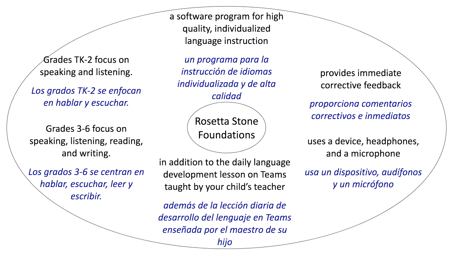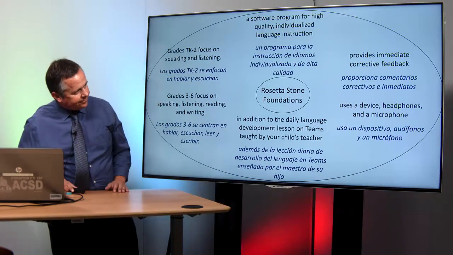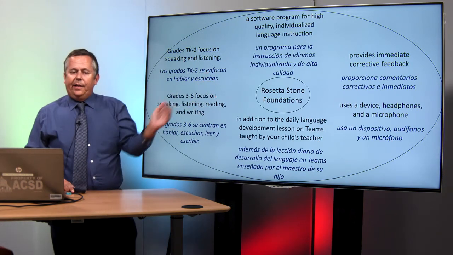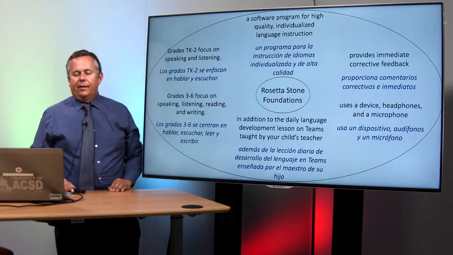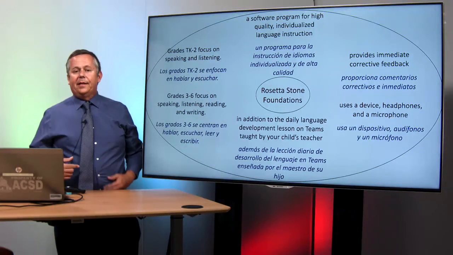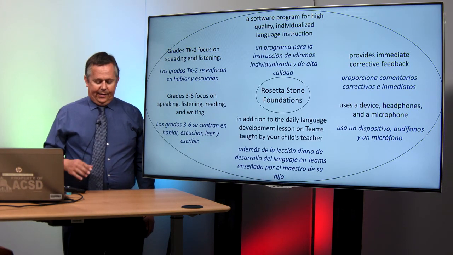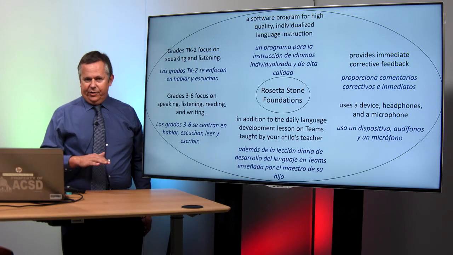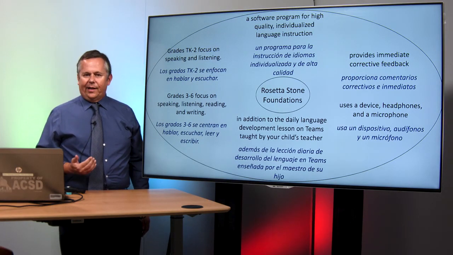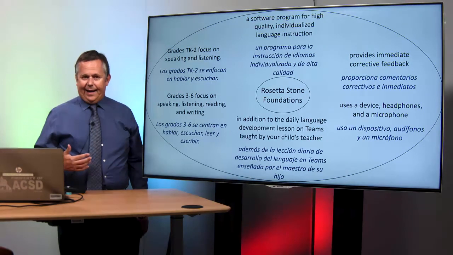It's a high quality program that's individualized for each student. One of the key attributes of this program is that it provides immediate corrective feedback. So every time your child makes a decision using the program, it'll give the child feedback. So the child will know whether or not they're on the right track.